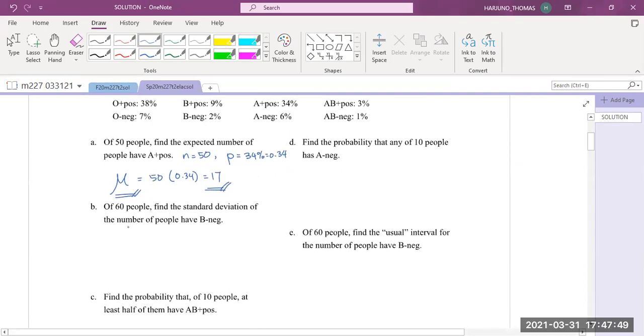Part B, of 60 people, find the standard deviation of the number of people who have B negative. The proportion of having B negative is 2%. That's 0.02. So the variance will be 60 times P times Q. Q, which is 1 minus P, is 1 minus 0.02, that's 0.98.